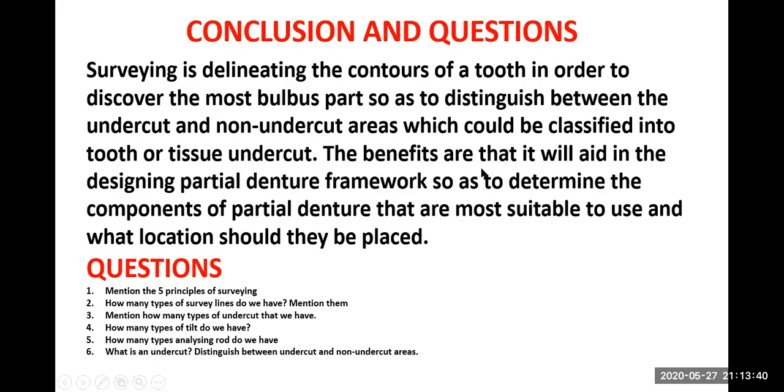The benefits are that it will aid in designing the partial denture framework so as to determine the components of the partial denture that are most suitable to use and what location they should be placed. This sums up all that I have been saying so far, and that will be the conclusion of our lectures.